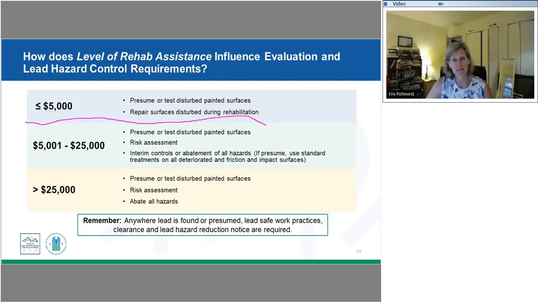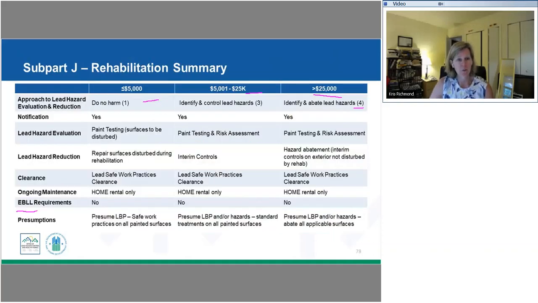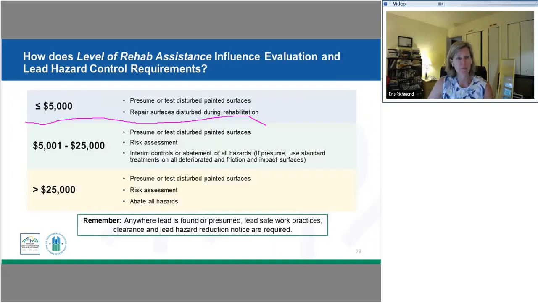So paint testing of the surfaces to be disturbed would be the required evaluation, and then for your treatment, you would repair those surfaces that are being disturbed as well. So it's very limited when you're at less than or equal to 5,000. And the reason it's limited is because we're in this do no harm approach. We're trying not to make the situation worse, right?